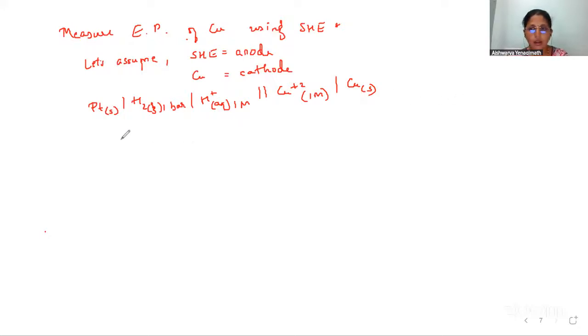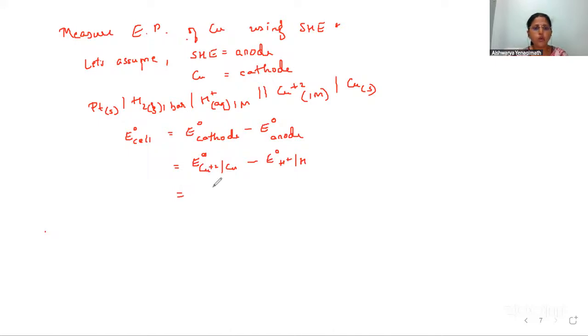Now, if I want to calculate the standard cell potential, E naught cell is equal to E naught cathode minus E naught anode. So what is my cathode reduction potential? It is E naught Cu plus 2 bar Cu minus E naught H plus bar H. I don't know my E naught Cu plus 2 bar Cu, so I'll keep this value as Cu plus 2 bar Cu minus what is the standard reduction potential of SHE?